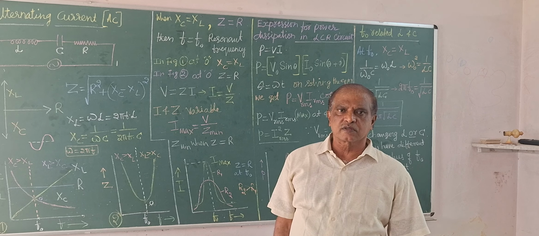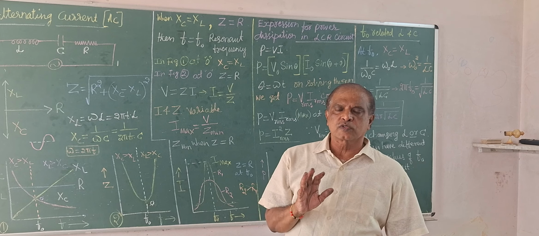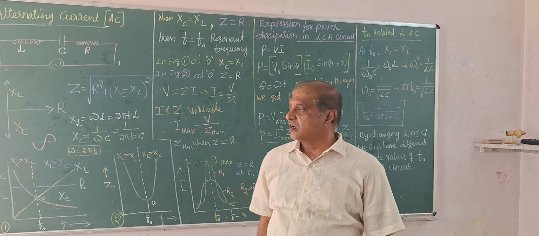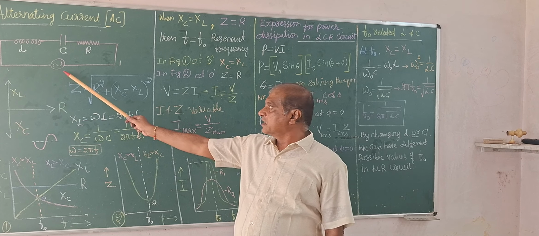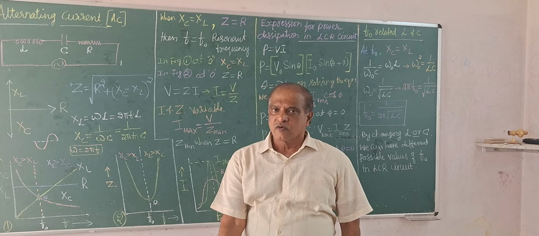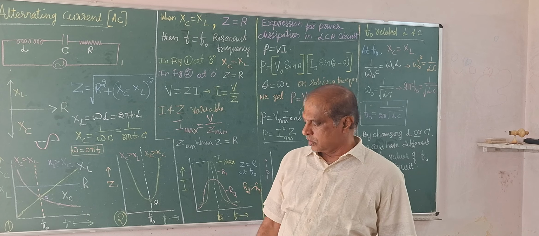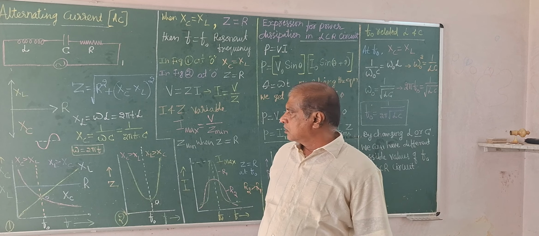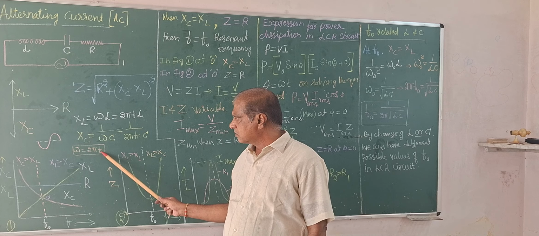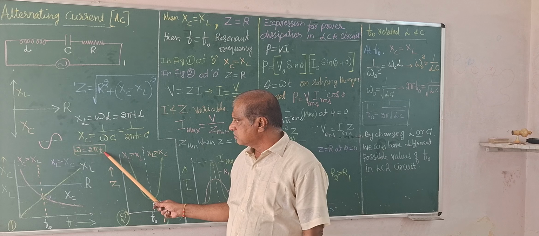Angular frequency is the number of rotations produced in 1 second in the AC oscillator which generates the AC cycle, number of rotations per second. It is related by this equation 2 pi f, where f is called linear frequency.